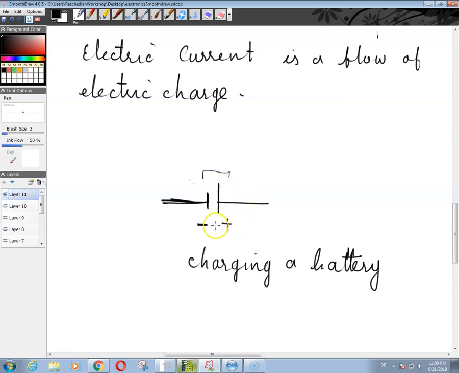And then if you connect this battery to some lamp, the lamp starts glowing, and that is a way of balancing the potential difference between the two poles of your battery. That's basically that.